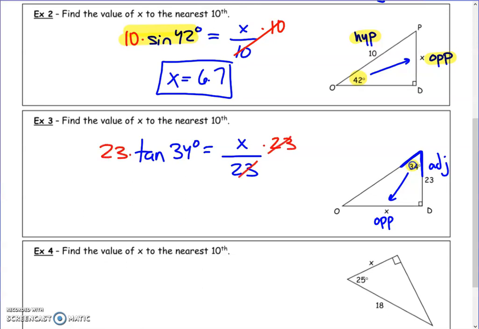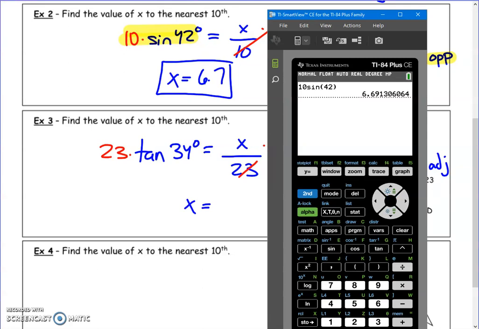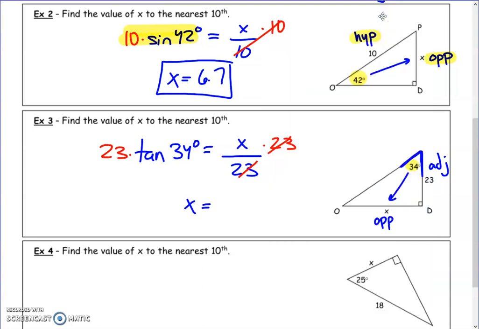That cancels over here. That means I'll just have an x equals, and in my calculator, I'm already in degree mode. You don't have to do that every time. You just have to do it once. You type in 23 tangent 34, close your parentheses, hit enter. 15.5 is what you get there.